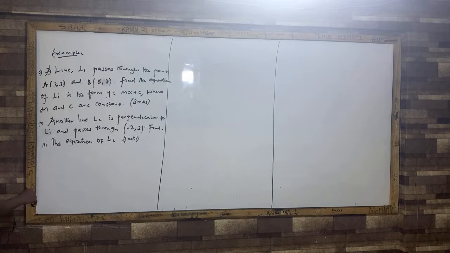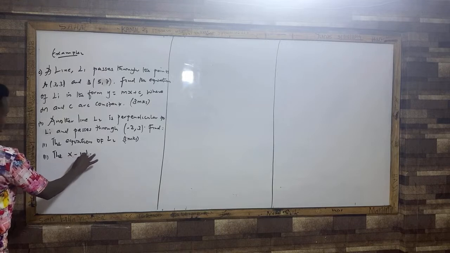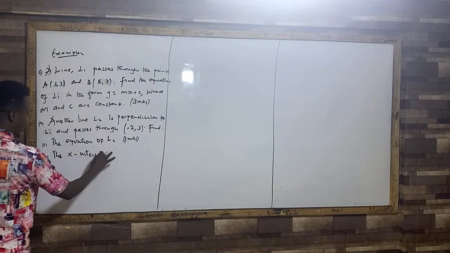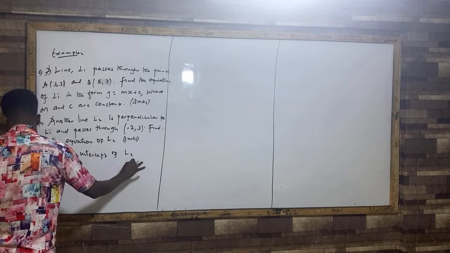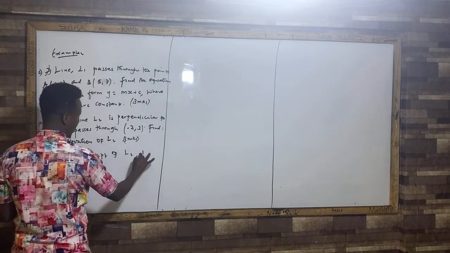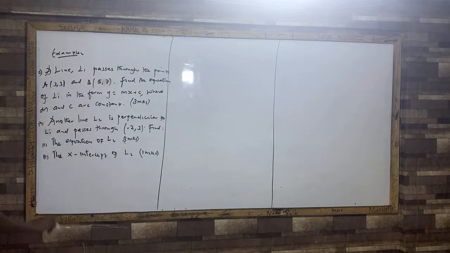Then let's go and see number 2: the x-intercept of L2. It's carrying 1 mark. My goodness. Then question C: determine the point of intersection of L1 and L2.